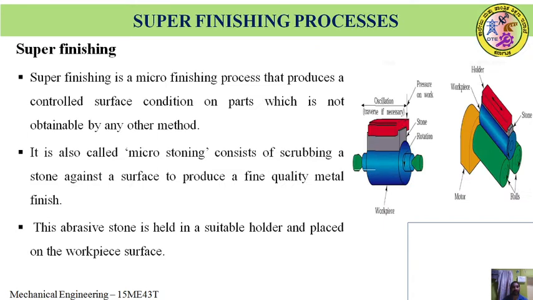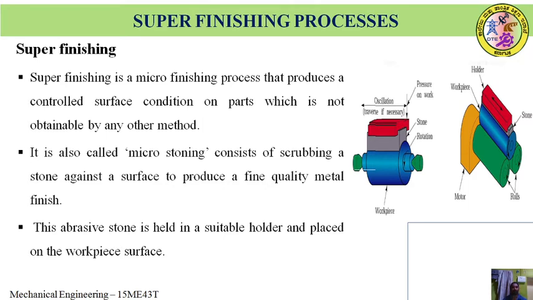Super finishing is a micro finishing process that produces a controlled surface condition on the part, which is not obtained by any other method. It is also called micro stoning, and consists of scraping a stone against the surface to produce a fine quality of finish.